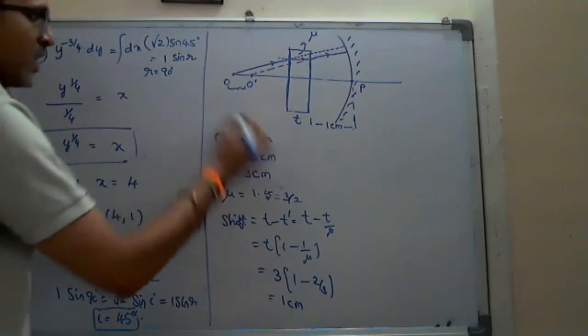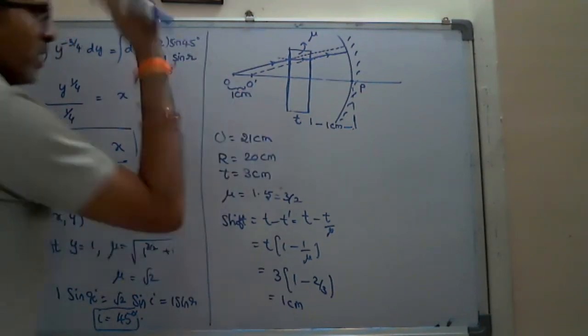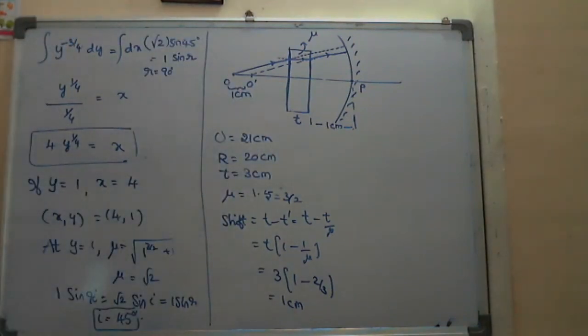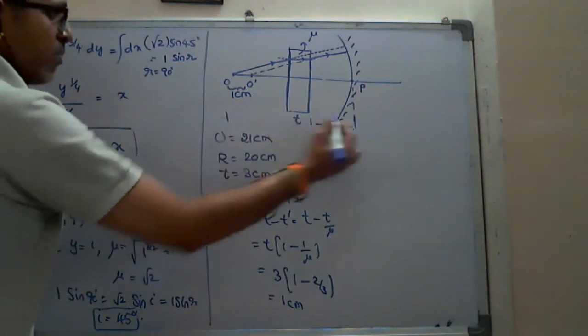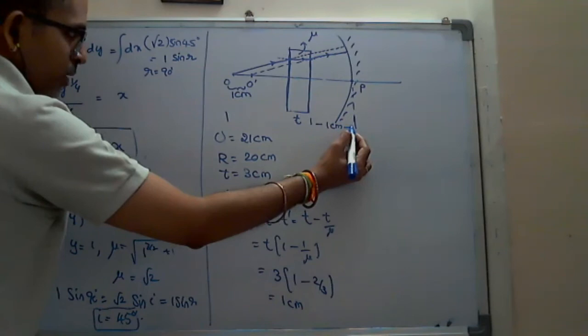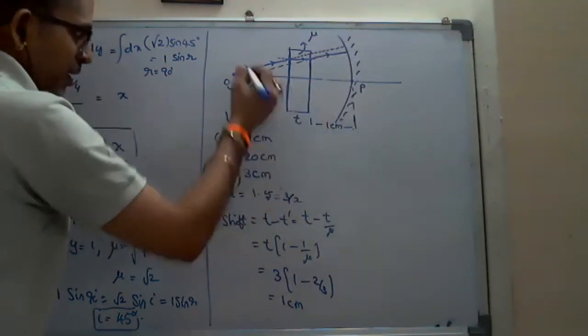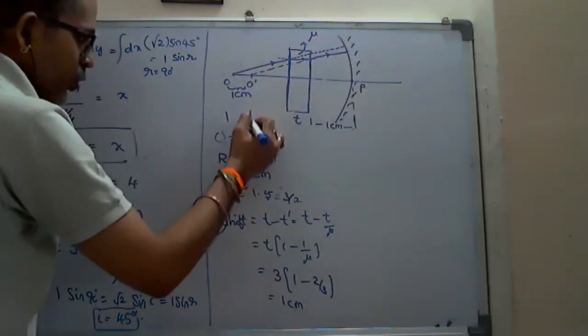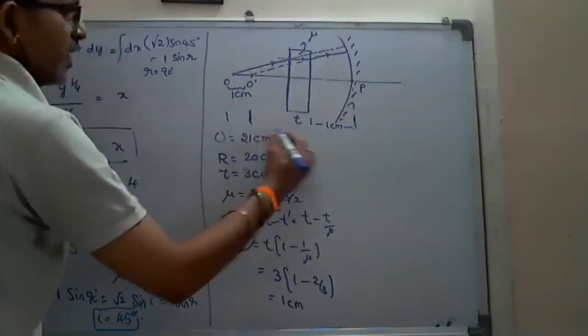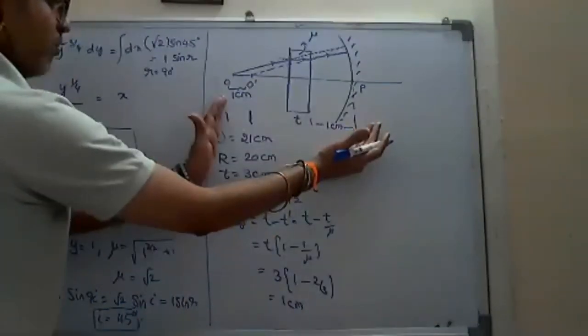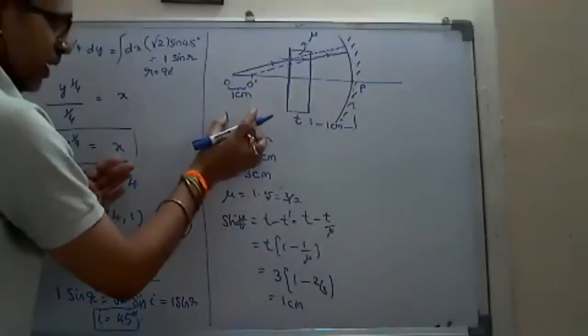So I got O dash shifted by 1 centimeter. Originally the object is placed at a distance of 21 centimeters from the pole, but for the mirror, the object virtually appears at a distance of 21 minus 1.